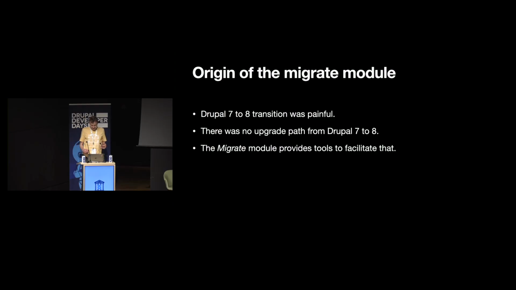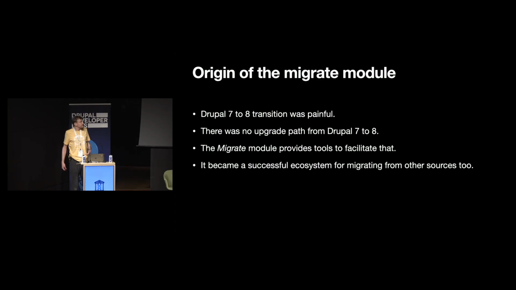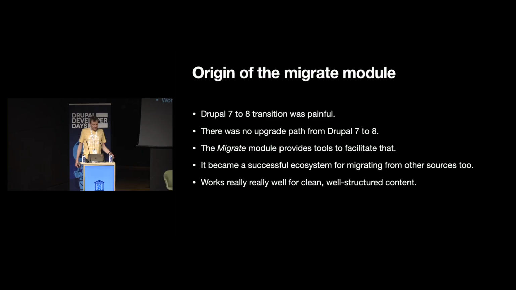And that was very successful, and it became a successful ecosystem for migrating from other tools as well. And it works really, really well for clean and well-structured content. If your content is clean and well-structured, migration is generally quite easy.